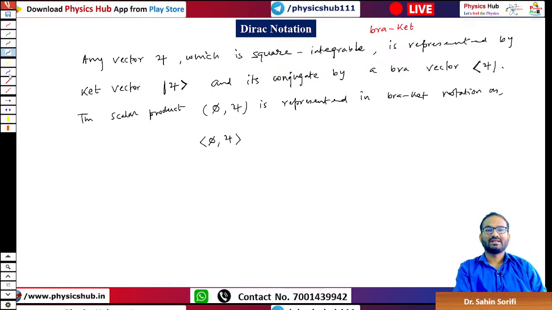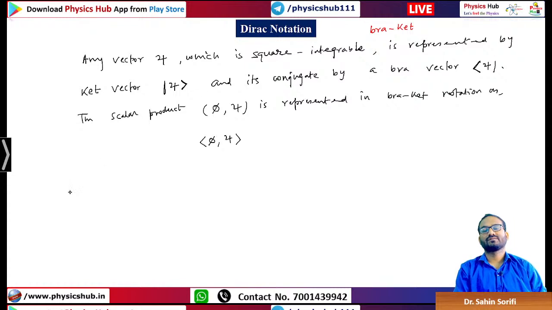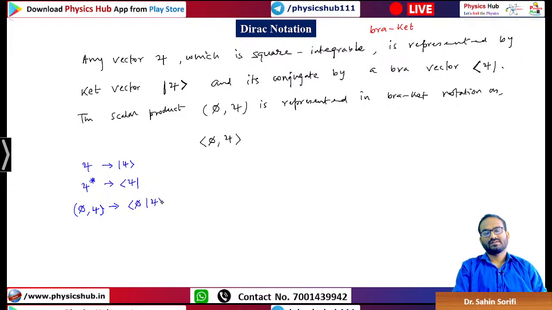Now try to understand this. Dirac notation is very important. Any vector psi, you can represent it by ket psi. If you want to represent psi star, you can represent it by bra psi. The scalar product of phi and psi in bracket notation, we represent by this symbol.